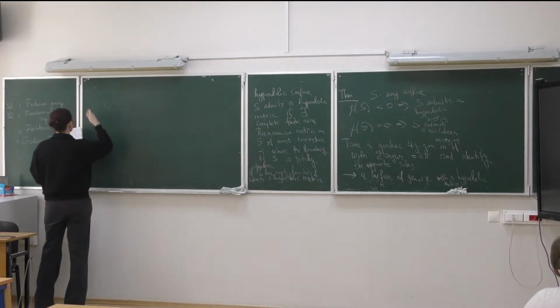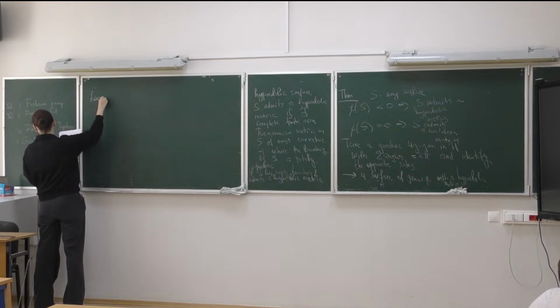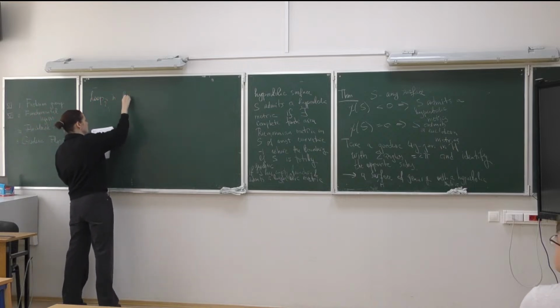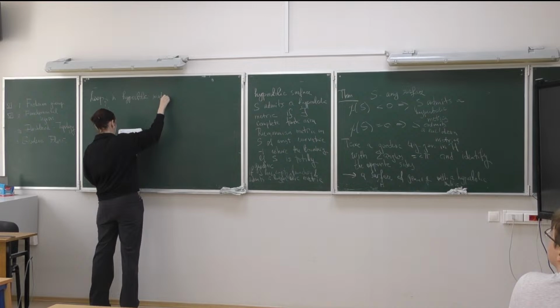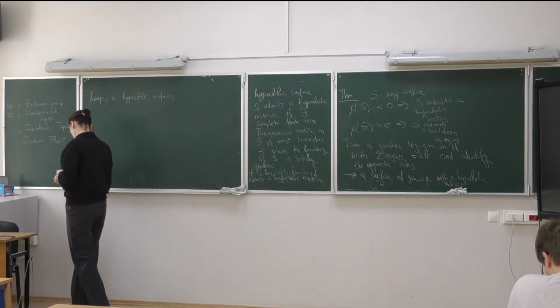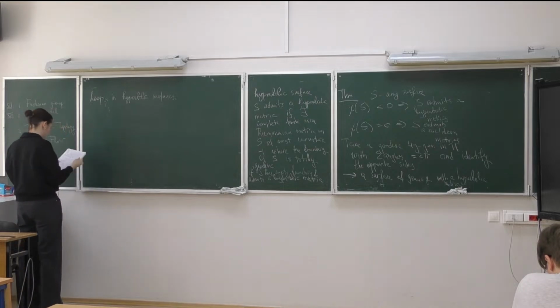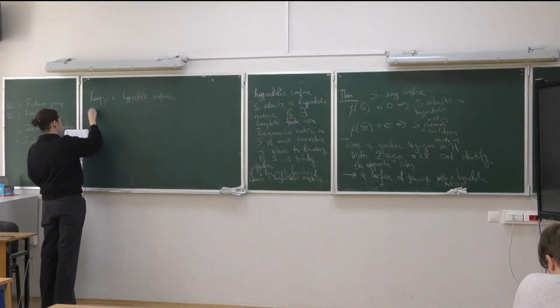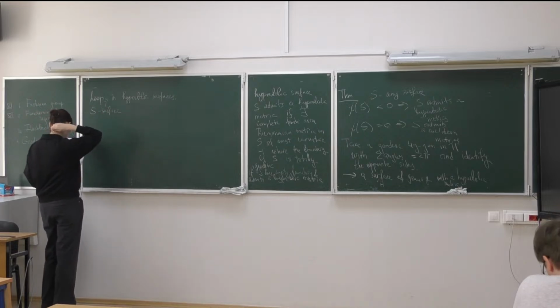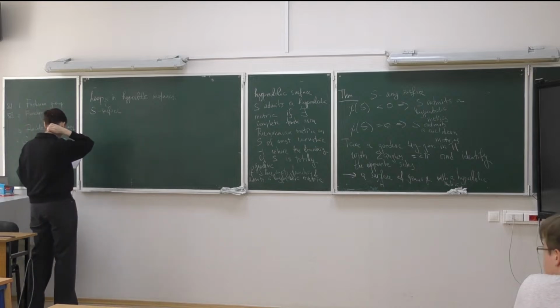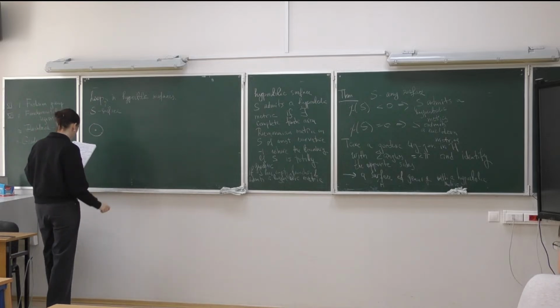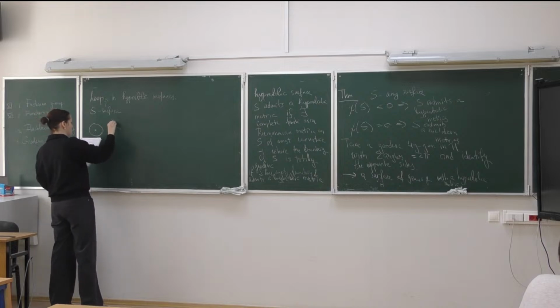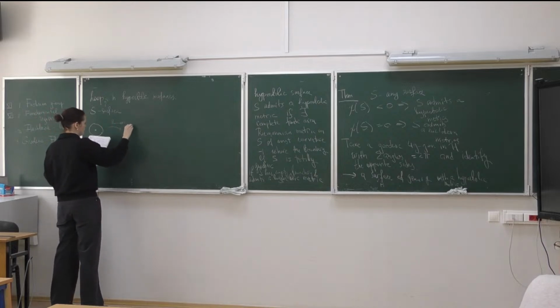Let me say something about the loops in hyperbolic surfaces. So S is my surface. It's a hyperbolic one. And we consider a puncture, and the neighborhood of the puncture of S can be homeomorphic to a once punctured disk.